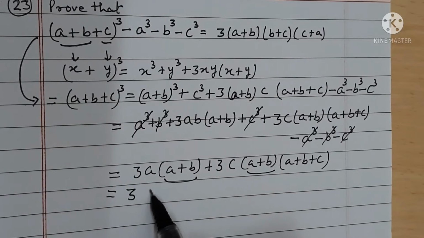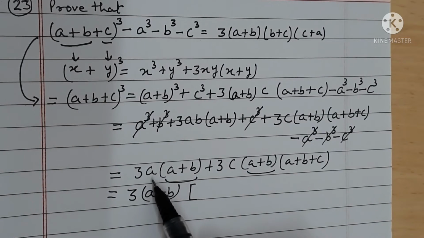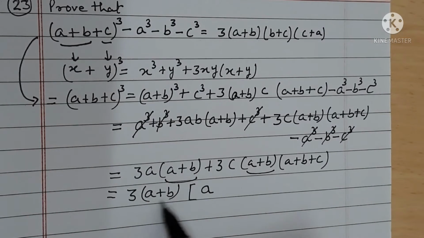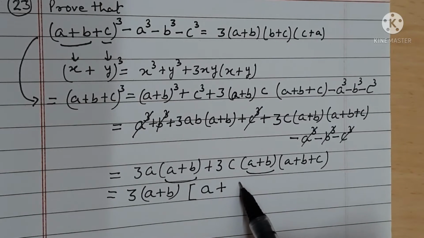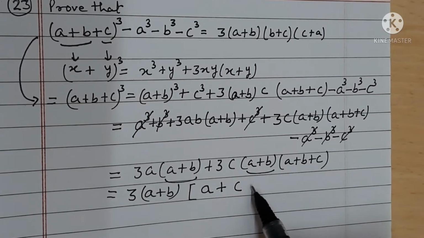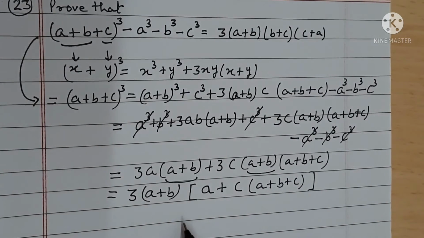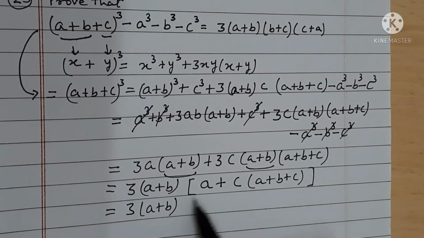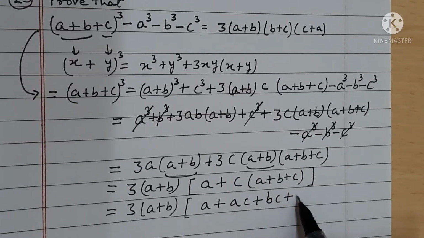So take 3 into a plus b as common factor, and in the bracket, ab plus c into a plus b plus c. Now this becomes 3 into a plus b, bracket ab plus ac plus bc plus c square.